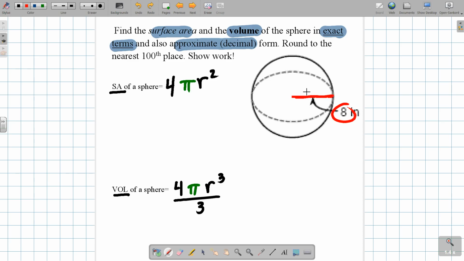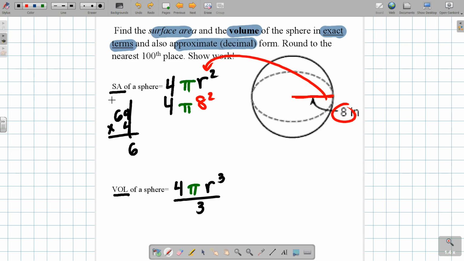Trace our radius, we're going to plug it right in there. 8 squared, pi, 4. Obviously, this is going to be 64 times 4. And we get our surface area, that'd be the area of the wrapping paper, is going to be 256 pi, check units, inches squared.